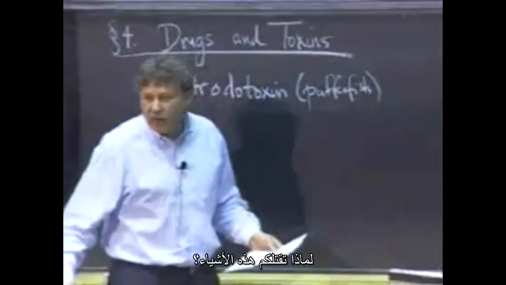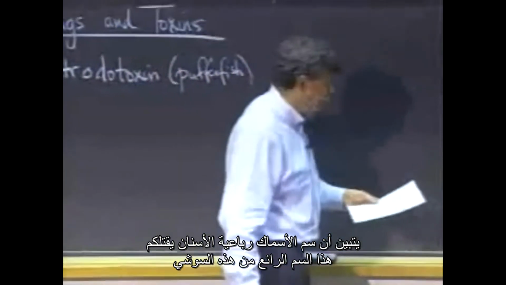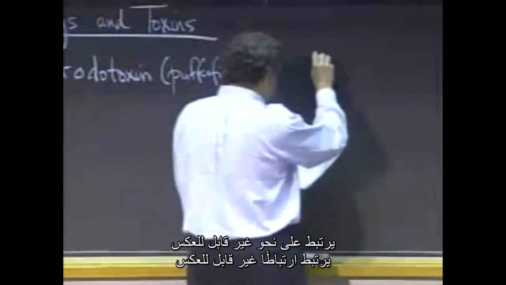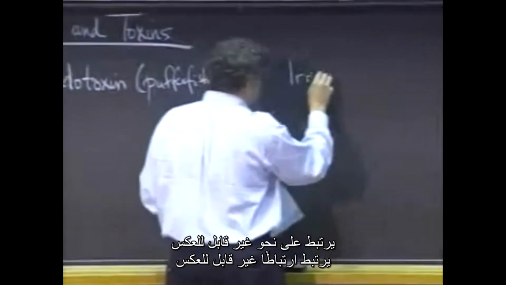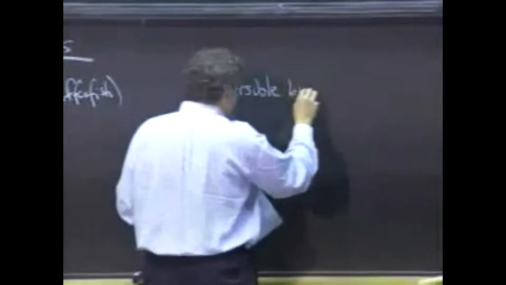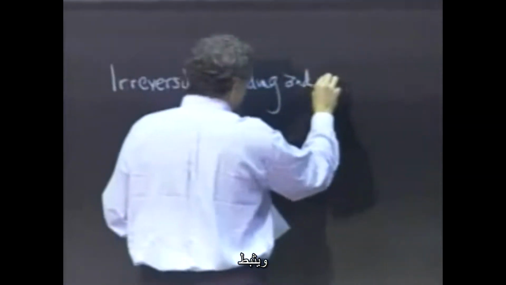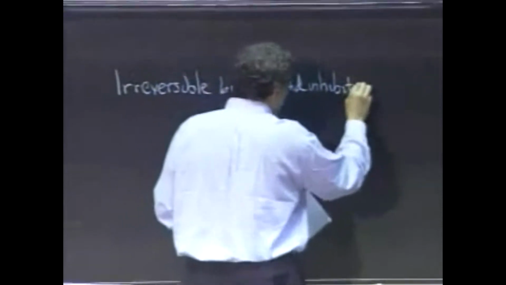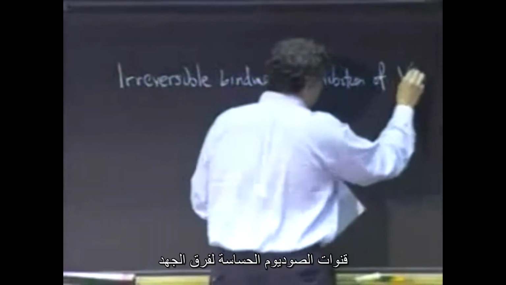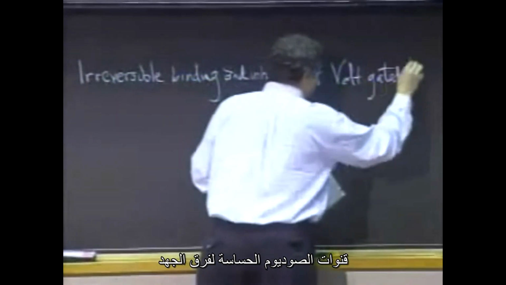Why does this stuff kill you? Turns out that what tetrodotoxin does, this wonderful poison from this sushi, is that it irreversibly binds and inhibits voltage-gated sodium channels.